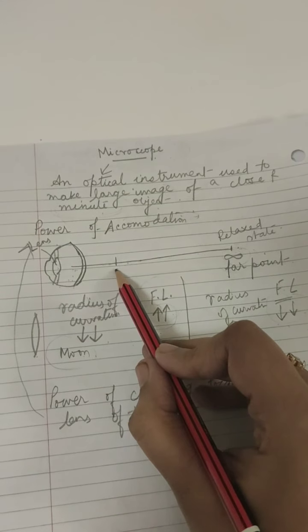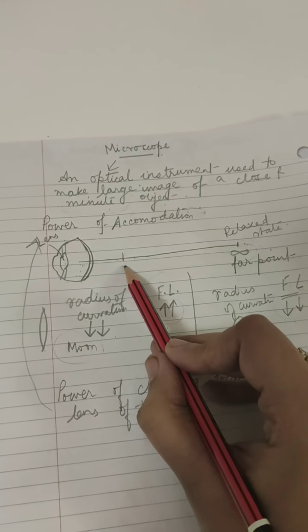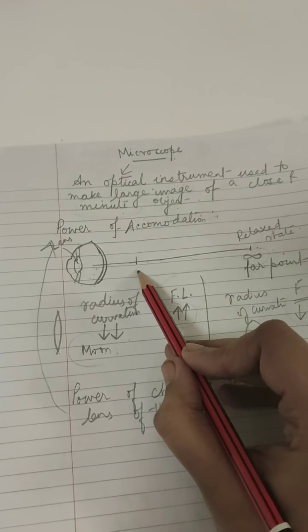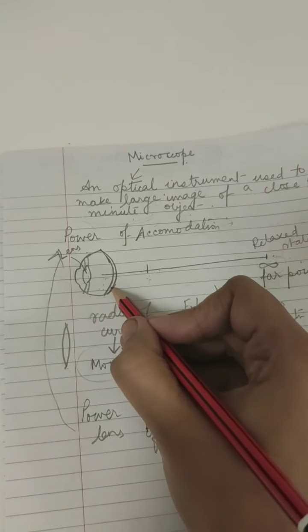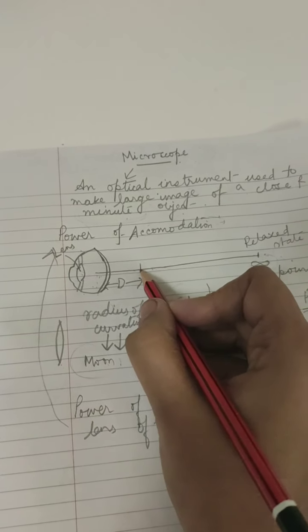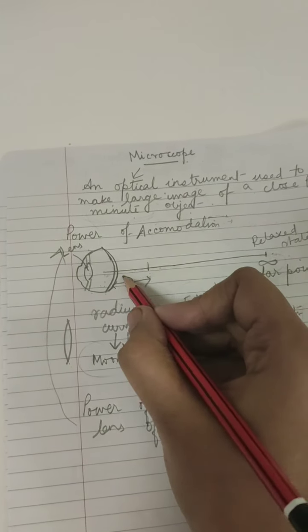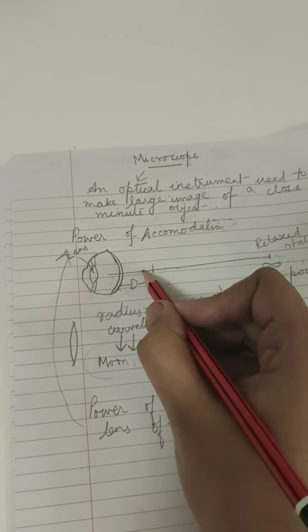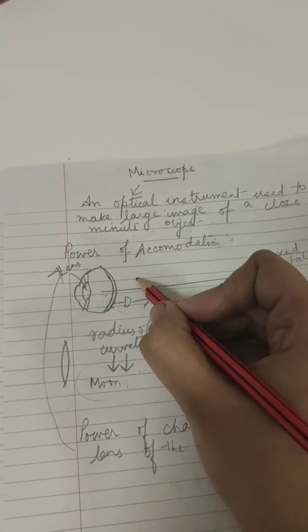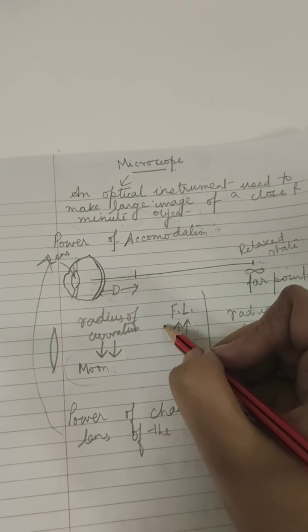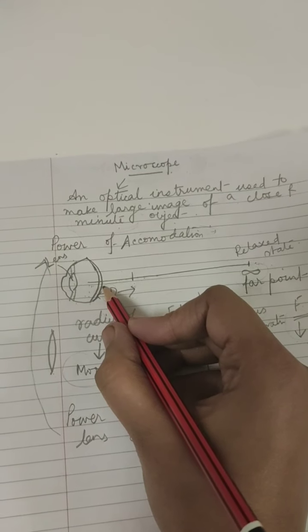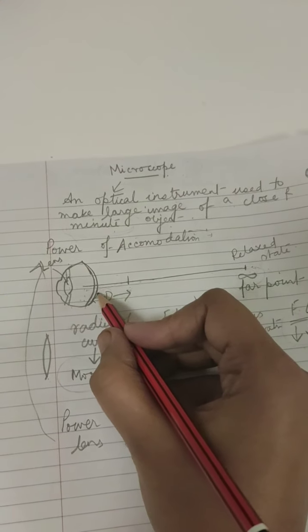You will be able to see the needle distinctly, that is clearly, and big, at a certain distance d from the eye. If you bring the needle still closer to the eye, at a distance less than d, then the needle will get blurred. You won't be able to see the needle distinctly.